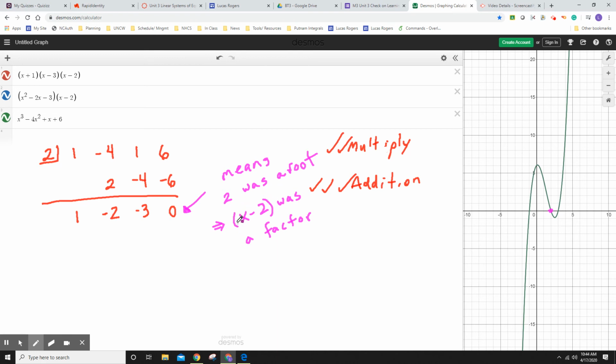x minus 2 factor. Now, the last part here about synthetic division that you need to make sure you get is that when you have this response here, these 3 positions are the only 3 positions that are a part of your answer. The 0 as a remainder is not a part of the answer anymore. Now, what we do with these 3 numbers is we take these 3 numbers, and notice those are going to correspond with this up here, right?